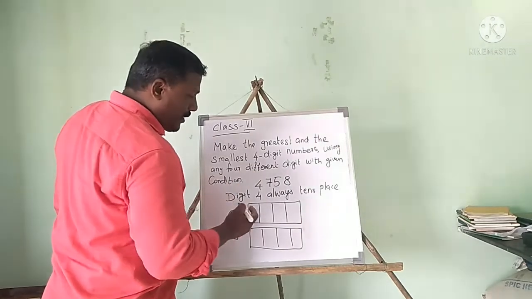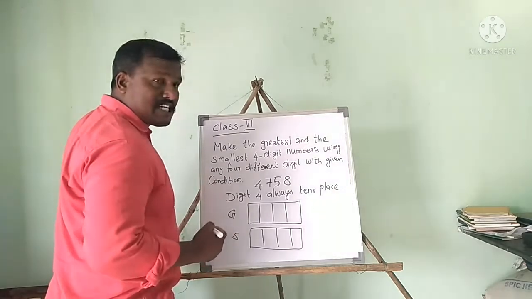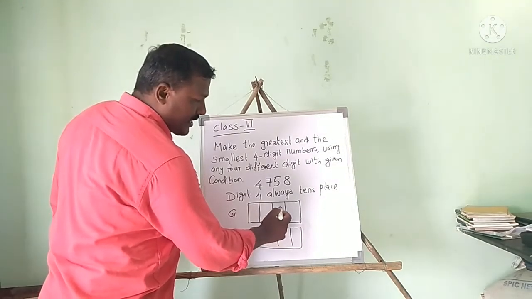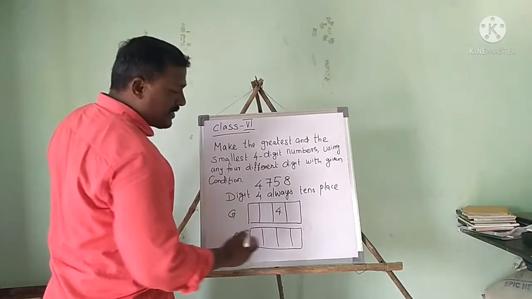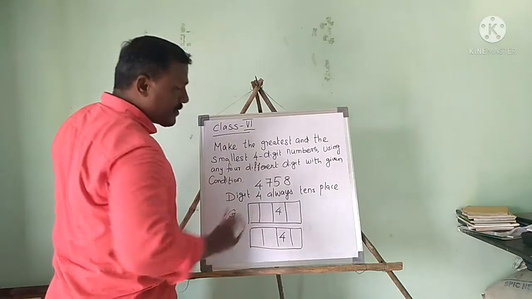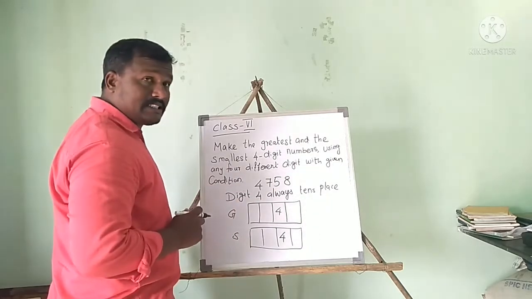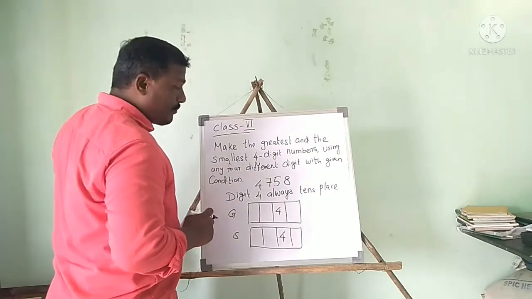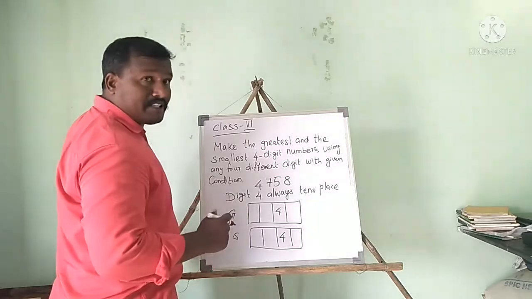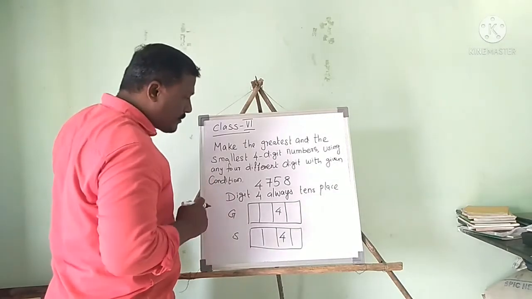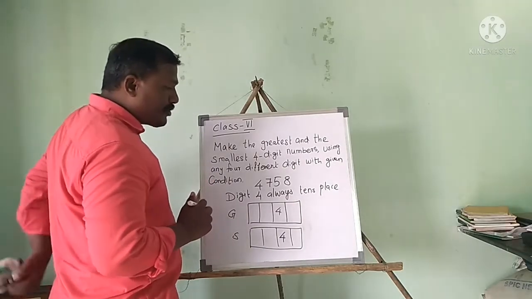So what is the condition? Digit 4 is always in the tens place. So in ones, tens, I put 4 in the tens place, here also the tens place. So the remaining digits we have to arrange in descending order and ascending order. But these 4 digits cannot be repeated. First, the greatest 4-digit number.